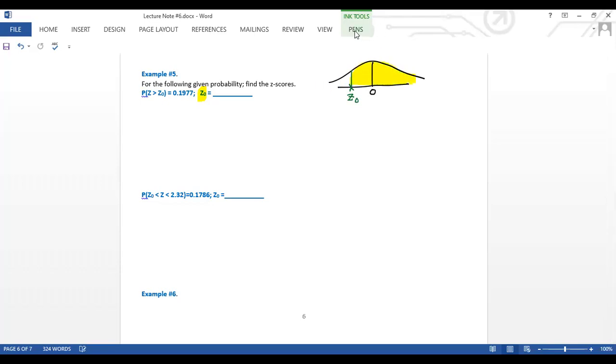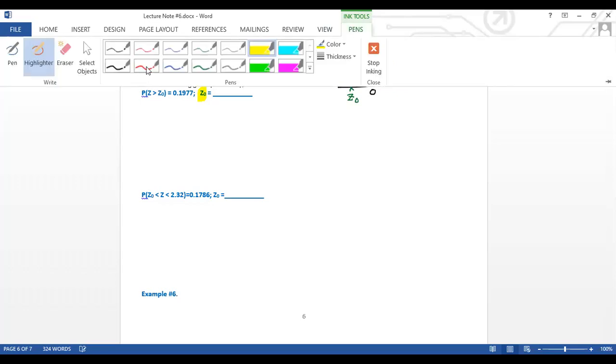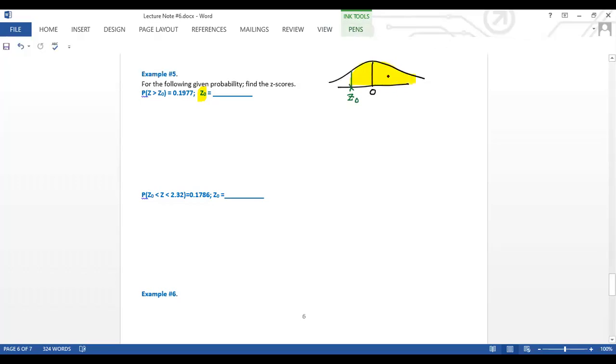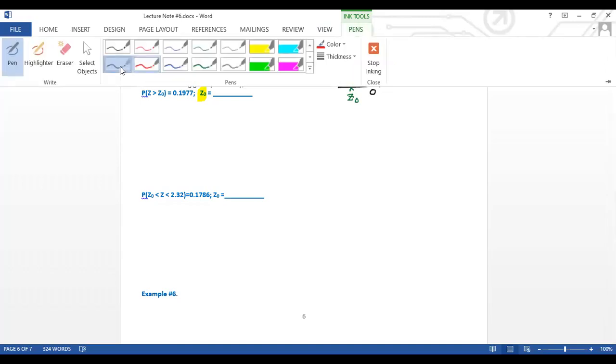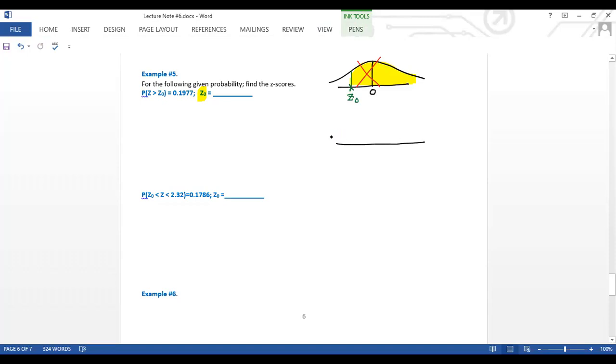I know this cannot be right, because half of the curve is 0.5, so this yellow area would be greater than 0.5 and cannot be 0.1977. So that's not the correct way. Now I know this is 0, so my z0 has to be on the right-hand side.